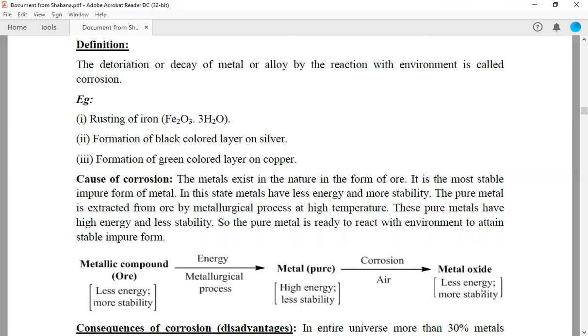For example, iron undergoes corrosion to produce brown colored hydrated ferric oxide, which is nothing but rust on the surface.